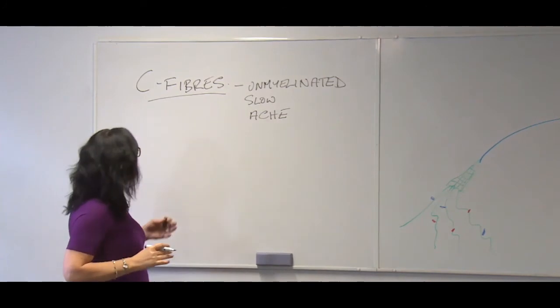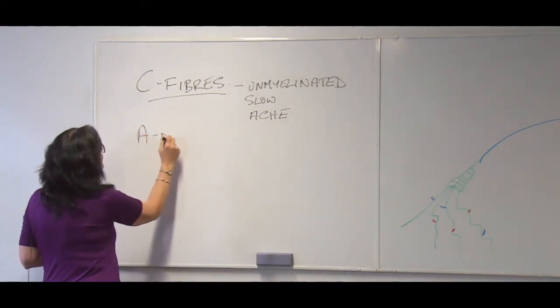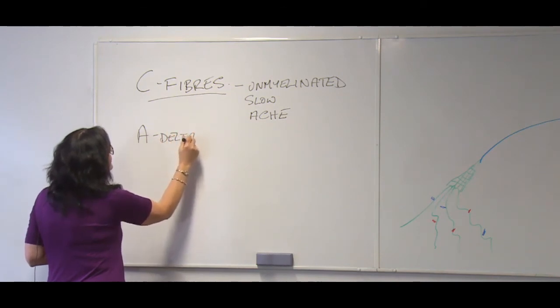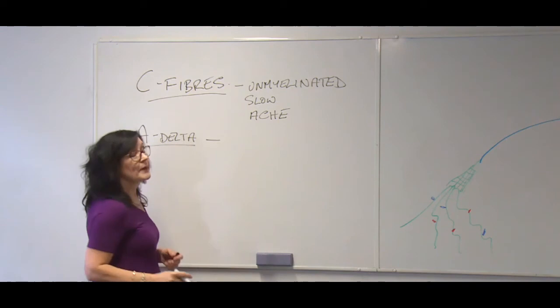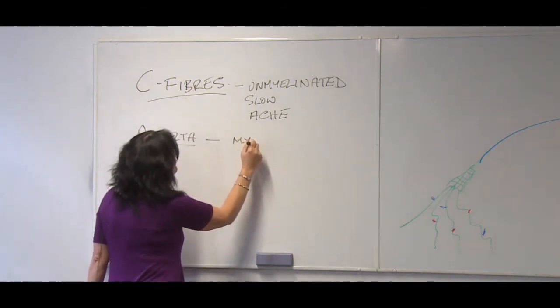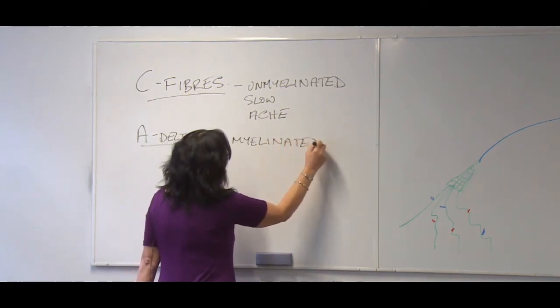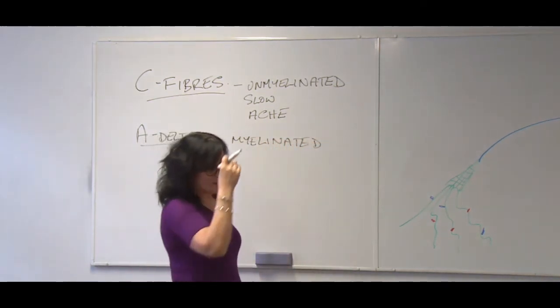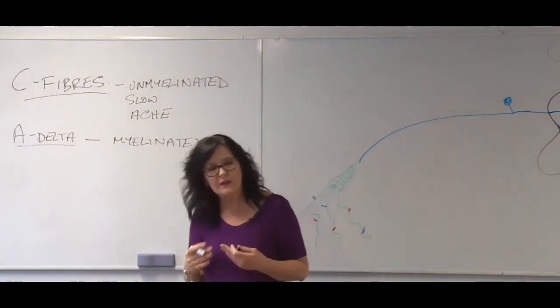Our other fibres that we talked about are A delta. Don't expect me to draw the symbol for delta. These, of course, are myelinated. And you'll see in text that they're thinly myelinated, but they're still myelinated, which makes them faster, much faster conduction speed.